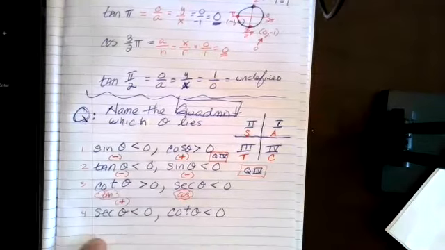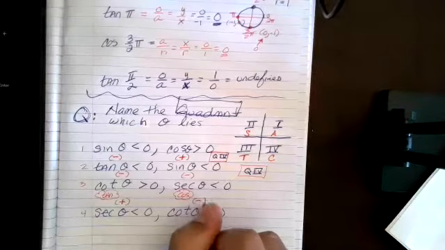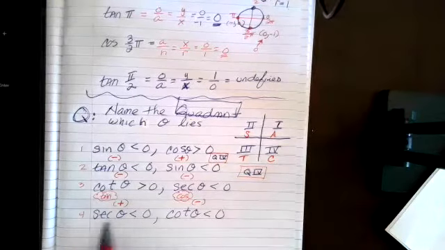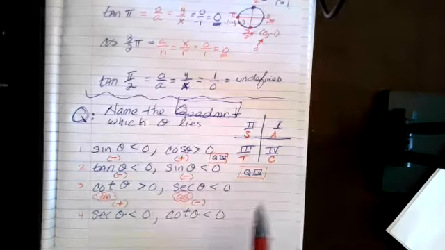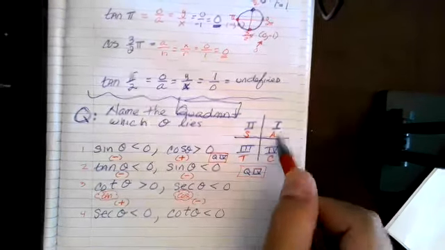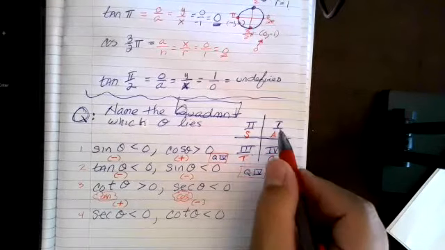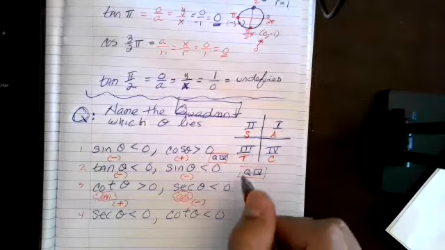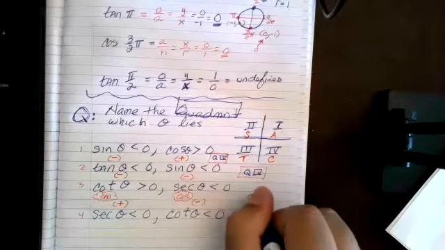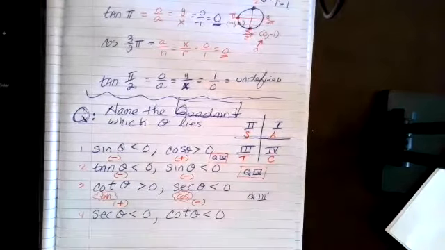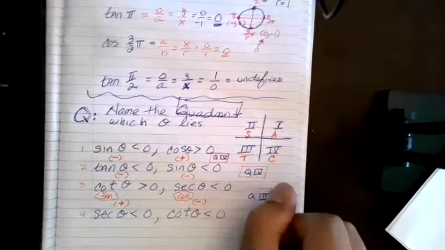And secant of theta is less than 0, so that means negative. So in what quadrant is tan positive but cosine negative? Well, tan is only positive in the first quadrant and the third quadrant, and cosine is positive here in the first quadrant, so the answer has to be quadrant 3. Quadrant 3 has tan as positive and cosine as negative.